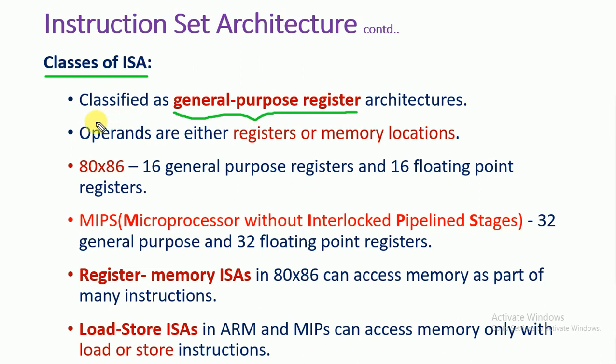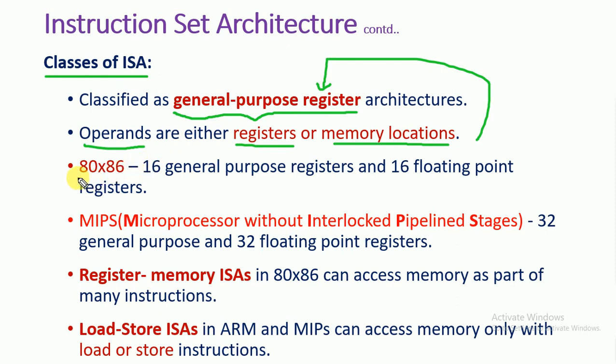In this classification, the operands are either registers or memory locations. Within the instruction, either we can use 2 or 3 registers, or we can use some memory addresses. All the instructions that use these registers and memory come under general purpose register architectures. So most of the processors follow general purpose register architectures.